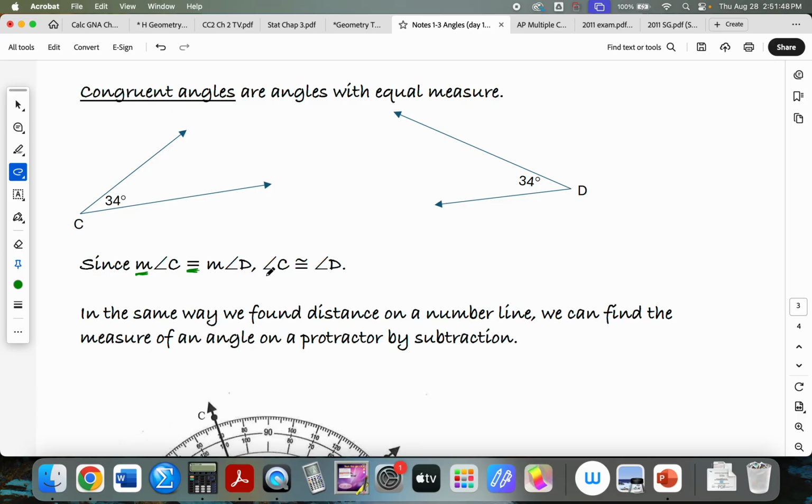When you just have the angle without the measure, that goes with congruent all the time, because here we're talking about objects. Objects are congruent. Numbers are equal, and the measure of an angle is a number. So we'll never say the measure of angle C is congruent to the measure of angle D. That doesn't make any sense.